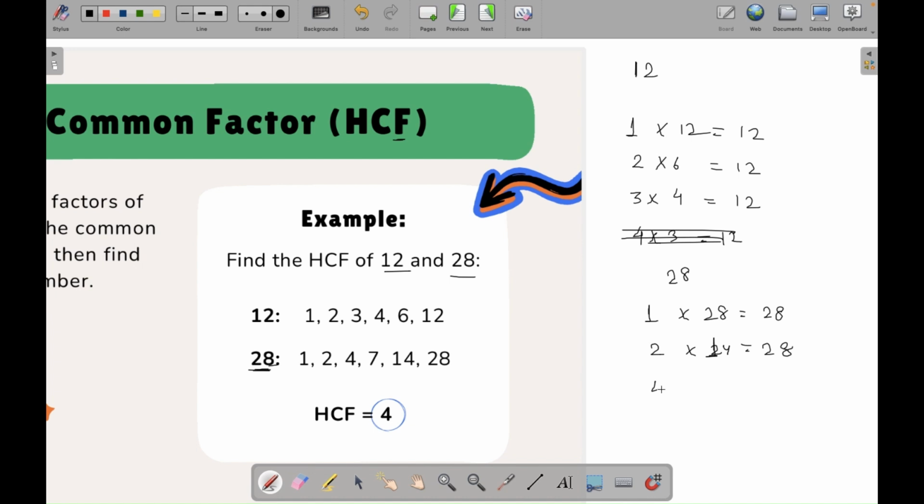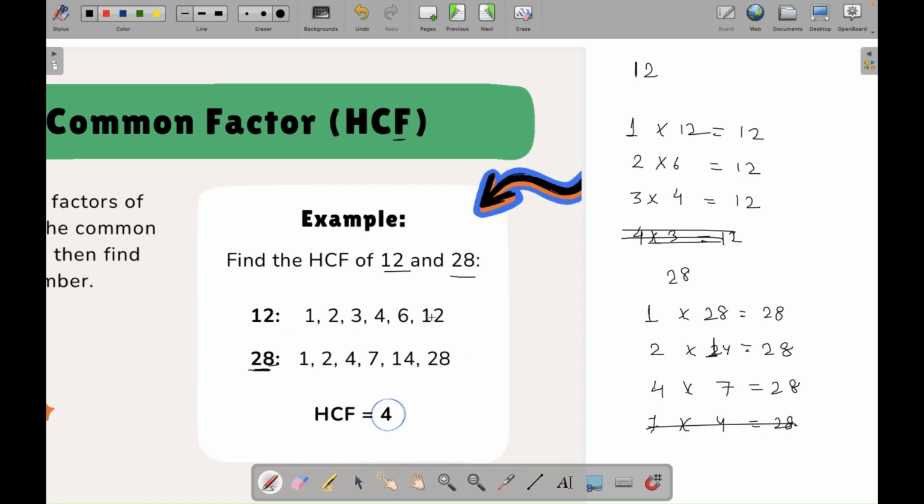Then we have 4. 4 times 7 is 28. Then we have 5. 28 is not divisible by 5. 28 is not divisible by 6. Then 7 times 4 is 28. Again, we'll not use this because we have repeated the same thing. So the factors will be 1, 2, 4, 7, 14, 28, what we have written here.